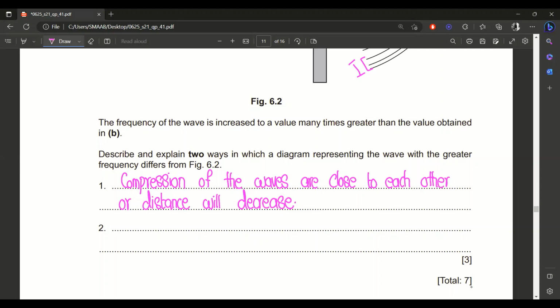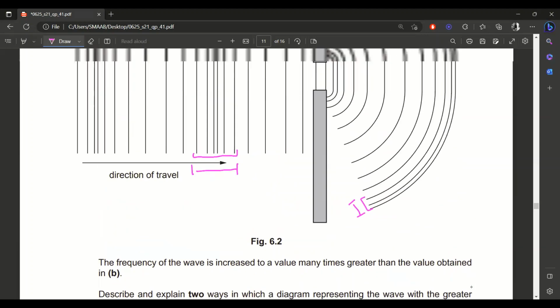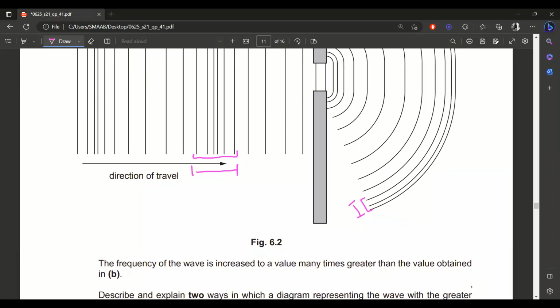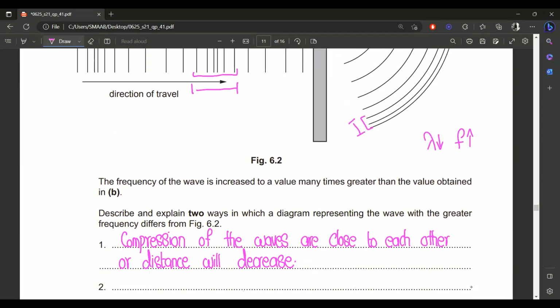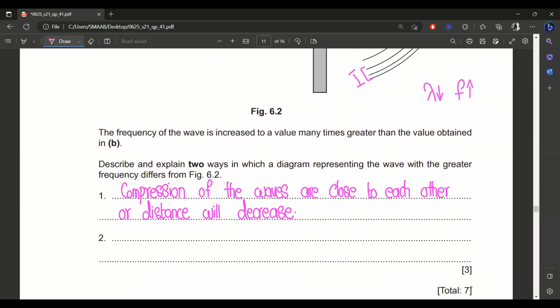And for the second point, there is less diffraction, because if we increase the frequency, the wavelength will decrease. So it means that decreasing the wavelength means we need to increase the frequency.